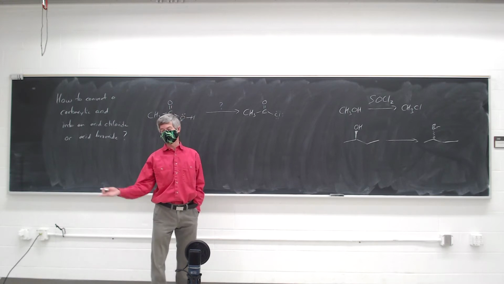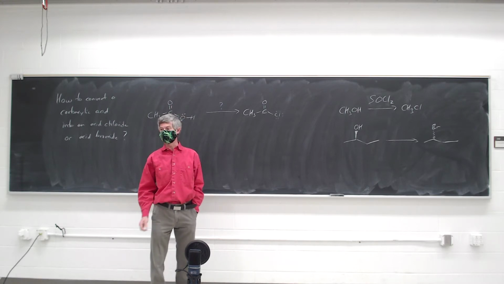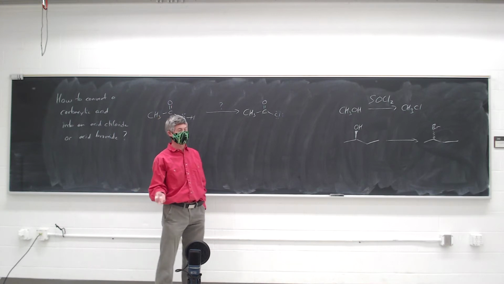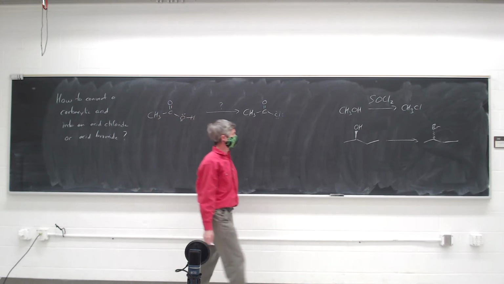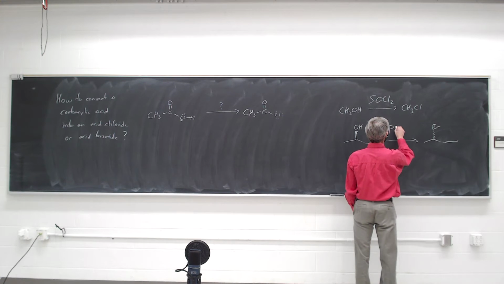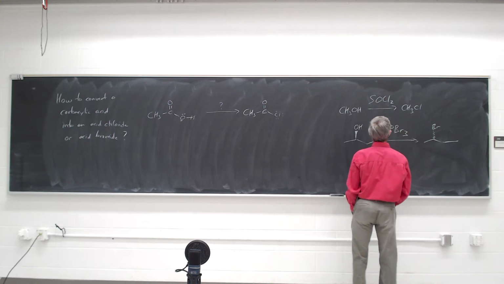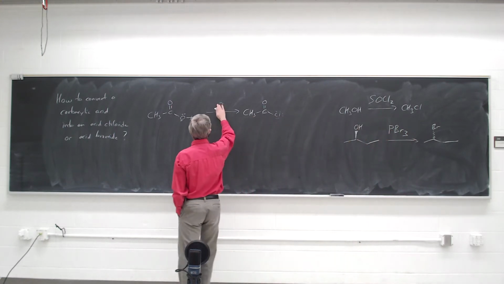SOBr2 would work, but SOBr2 is expensive and it's not the most common reagent for converting alcohols to alkyl bromides. PBr3. So it turns out that SOCl2 will also do this.